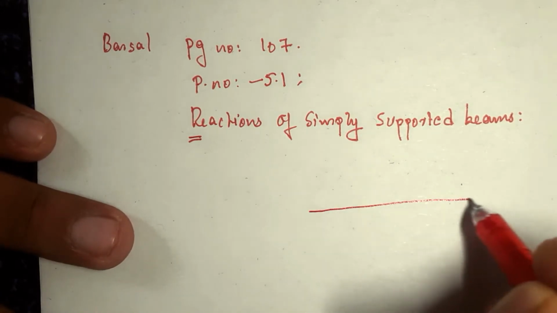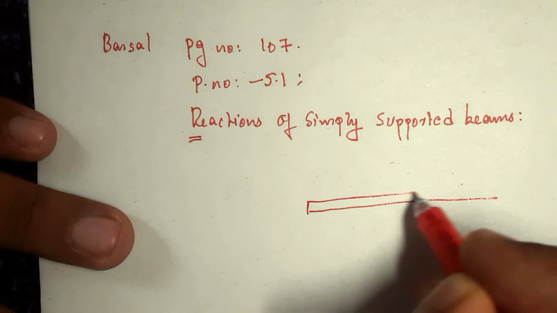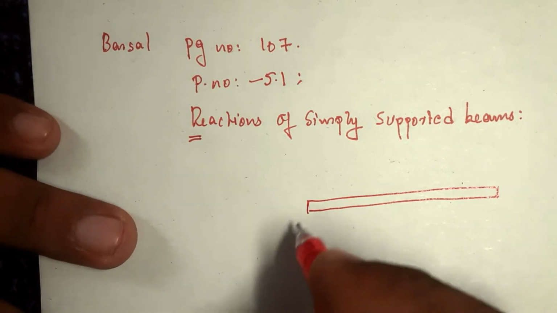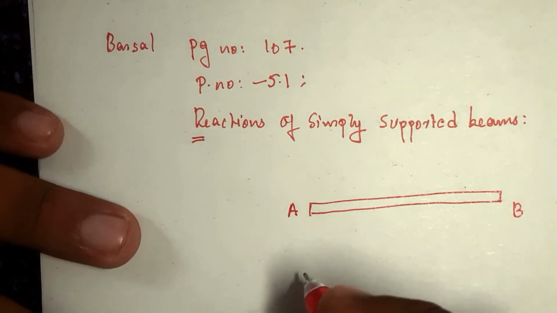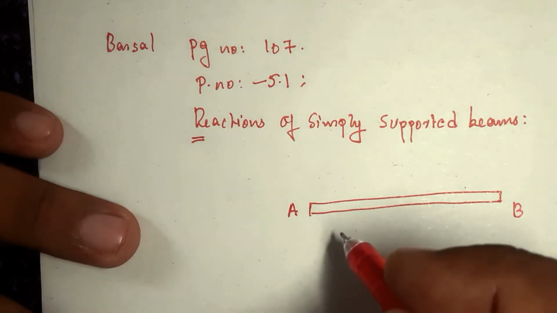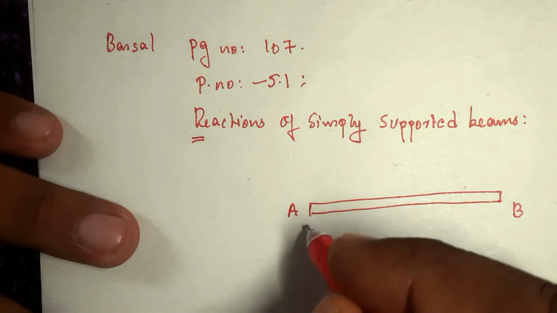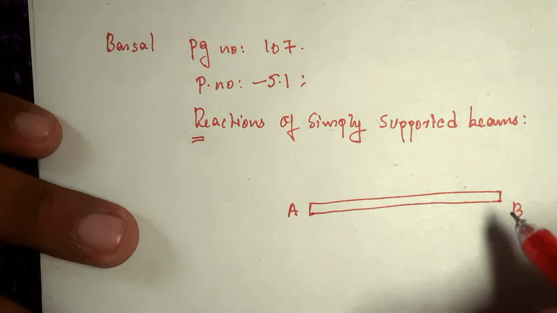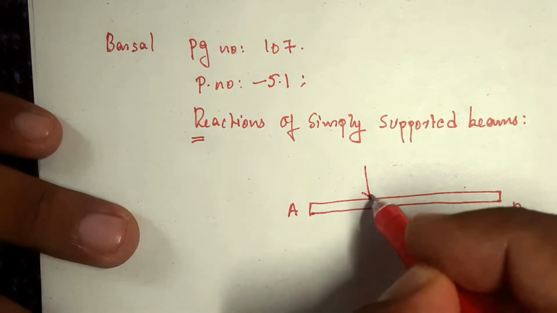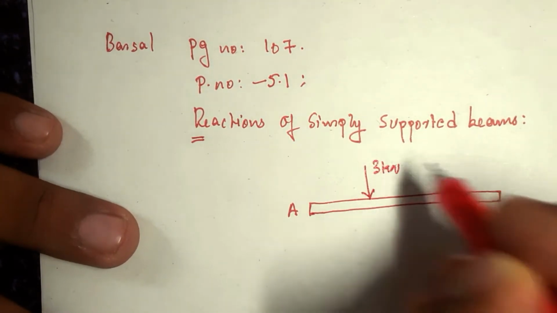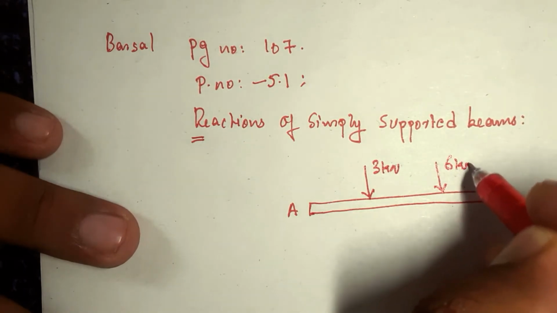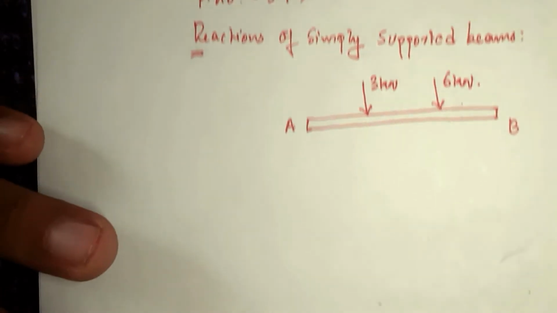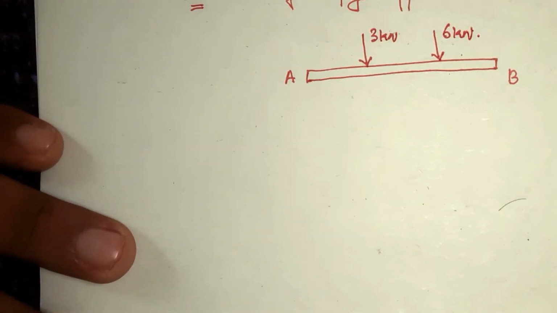So this is the beam, I'm just drawing the beam A, B, and in that beam we have to find out the reactions at A and B, and there is one 3 kilonewton and 6 kilonewton load.